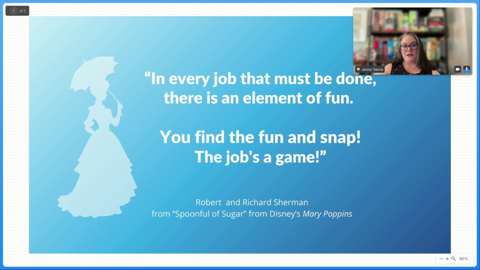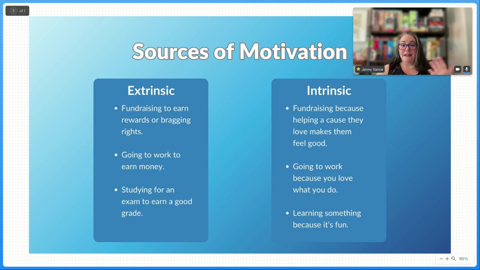All right, so if we want to infuse our events then with fun, we need to understand a little bit about how people are motivated. So we're going to talk about that first. So people are motivated in two different ways, basically, extrinsically or intrinsically. Extrinsically means that they're motivated by forces outside of themselves. Intrinsically means they're motivated by forces within themselves.